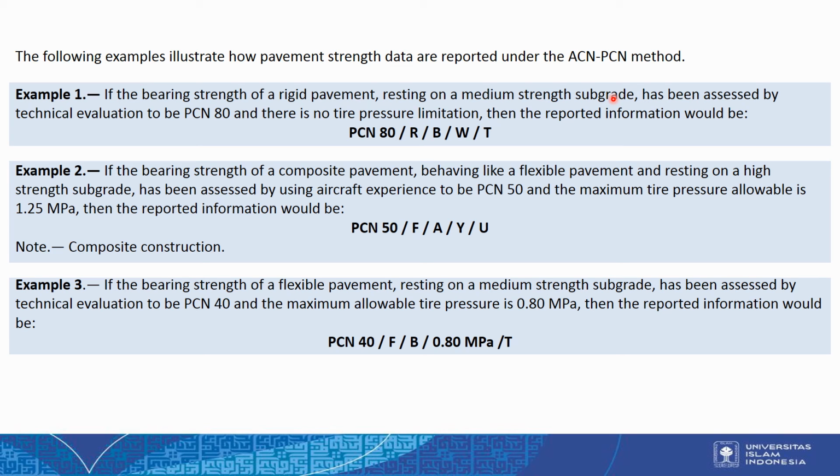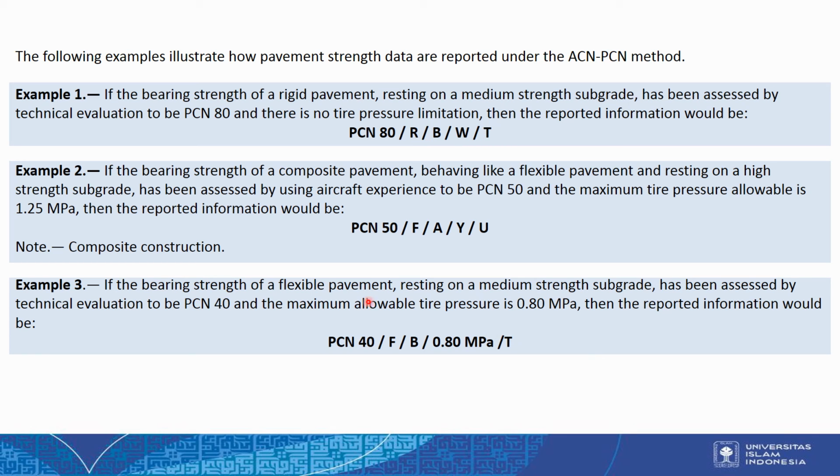For example, if the bearing strength of a rigid pavement resting on a medium strength subgrade has been assessed by technical evaluation to be PCN 80, and there is no tire pressure limitation, then the reported information will be, PCN 80 is from here, /R for the rigid pavement, /B for the medium strength subgrade, /W because there is no tire pressure limitation, /T because the pavement was assessed by technical evaluation. So it will be PCN 80/R/B/W/T.